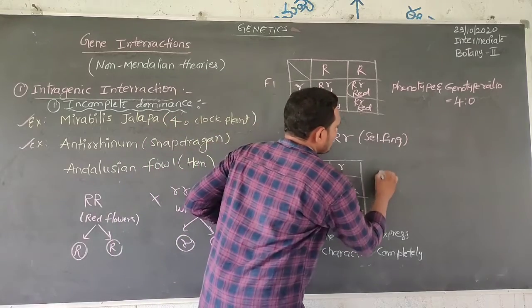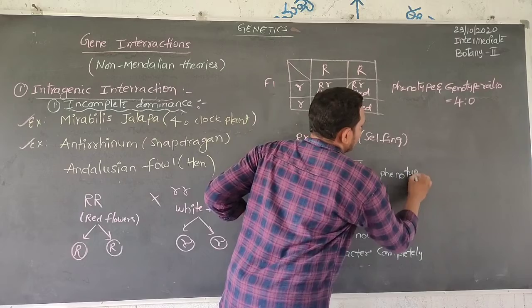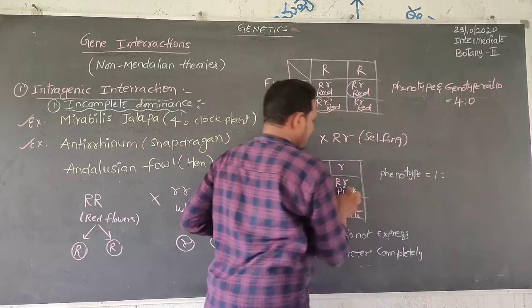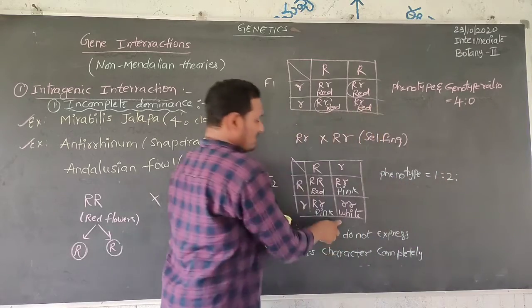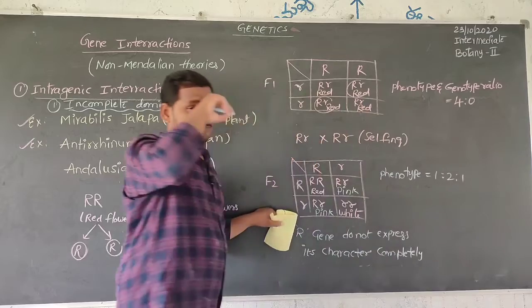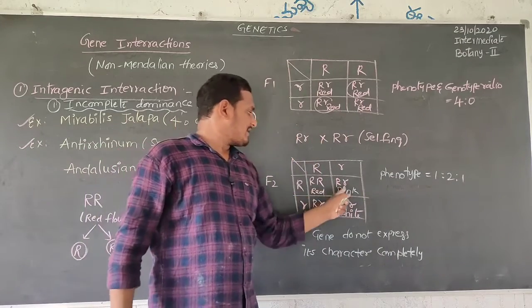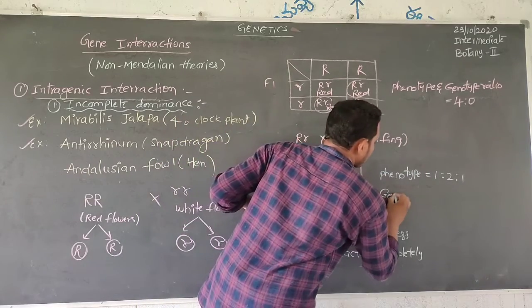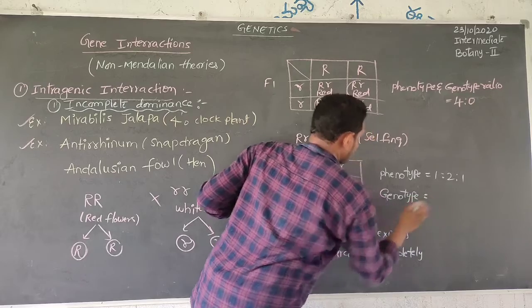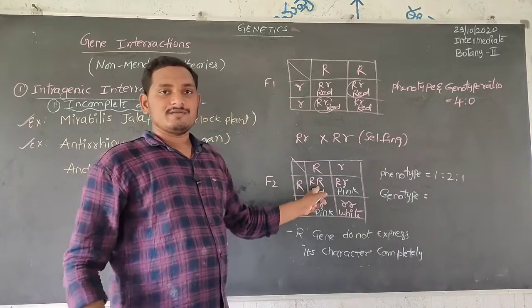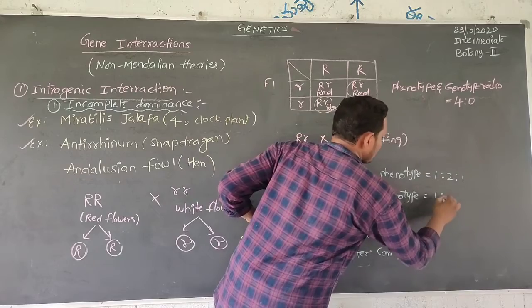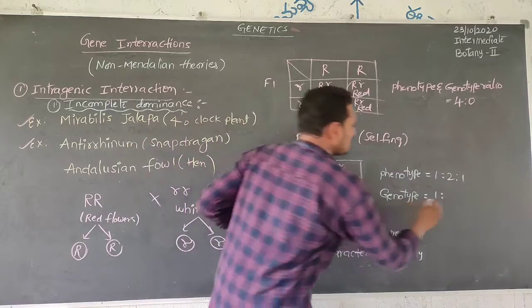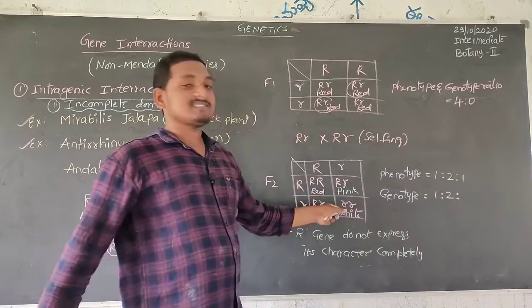What is the phenotypic ratio? The phenotype is red 1, pink 2, white 1, so 1:2:1. And the genotype: homozygous dominant, only 1; heterozygous, 2; homozygous recessive, only 1.